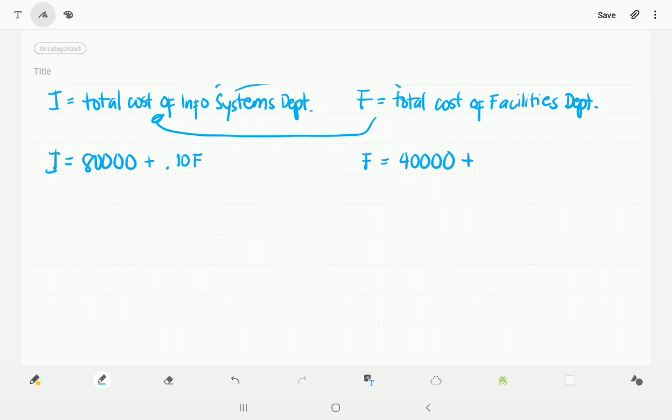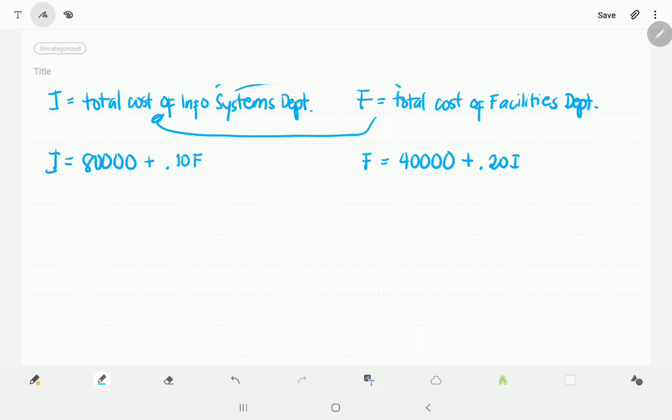Out of the total 3,000 computer hours provided by the information systems department to other departments, 600 was provided to the facilities department, and therefore 600 over 3,000 is equal to 20%. So plus 0.2I. This is our equation.